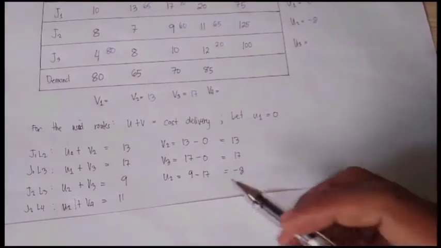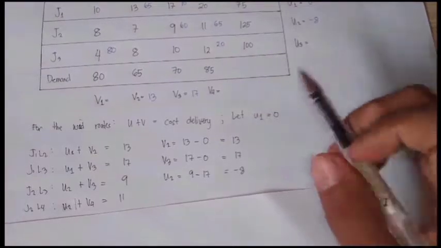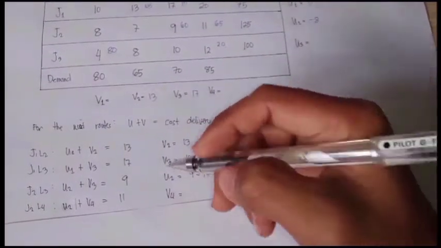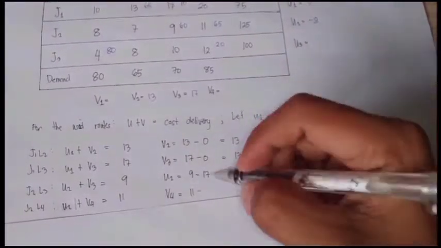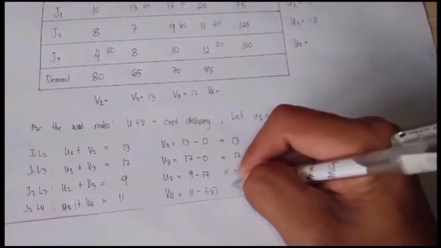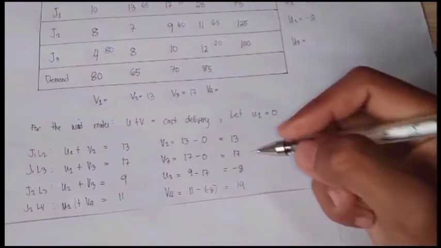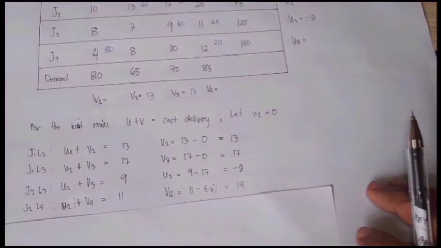Since we now have the value of our U2, we will get V4: 11 minus negative 8 is equal to positive 19, since negative times negative is positive.